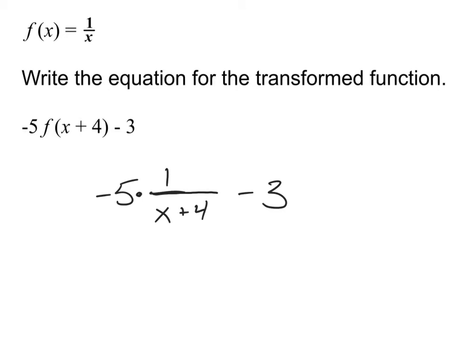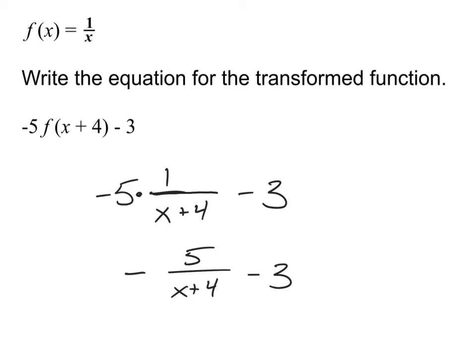Now, while this is technically done and correct, it doesn't look very pretty at the moment. In particular, this -5 just being multiplied out front, we could actually tidy that up a little bit. It's better form more than anything to go one step further. So instead of writing -5 times 1 over x plus 4, I'm going to write that as -5 over x plus 4.